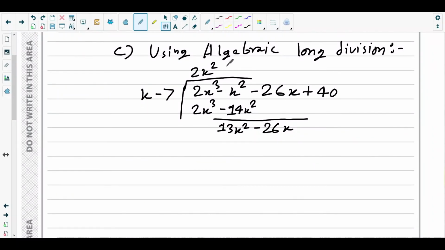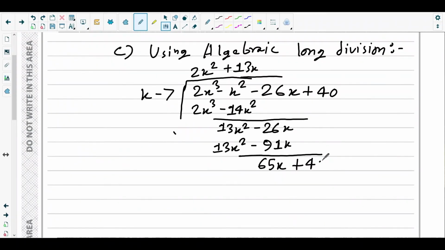And then plus 13x, right? So that we get 13x squared here. So 13 times 7 is 91, negative 91x. So negative 26 plus 91 would give you 65. Okay, 65x plus 40.